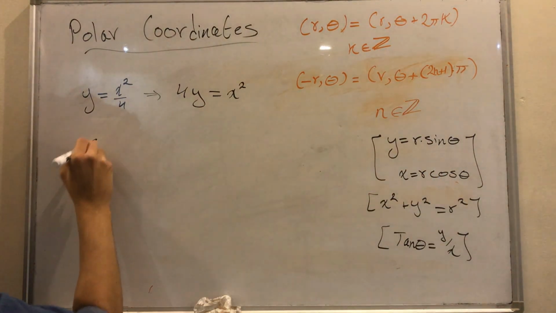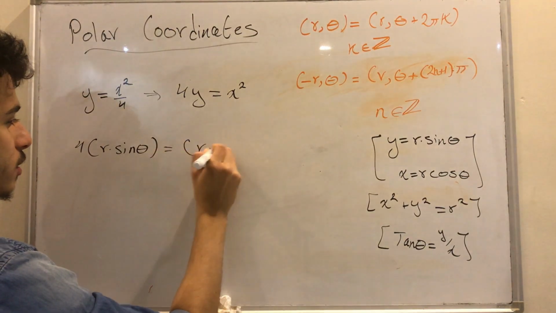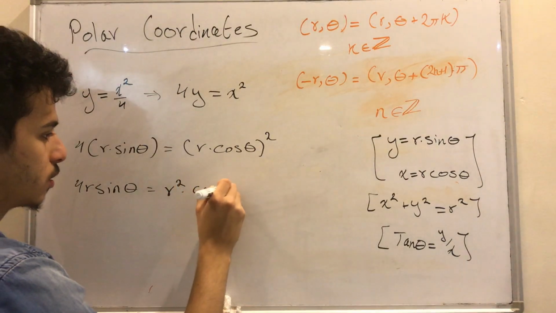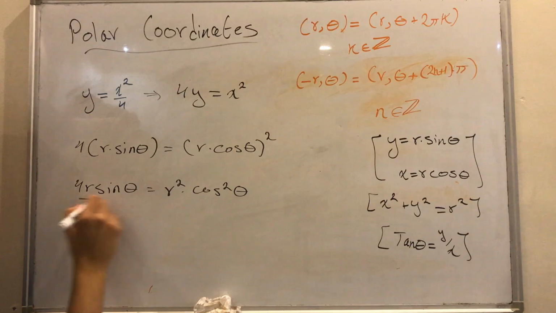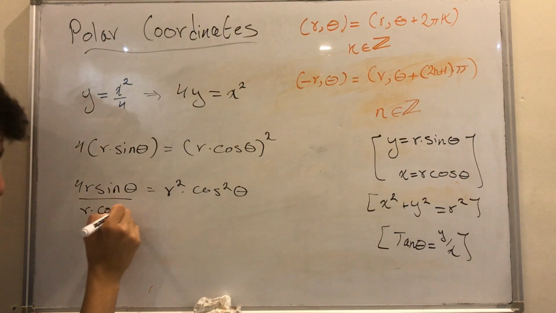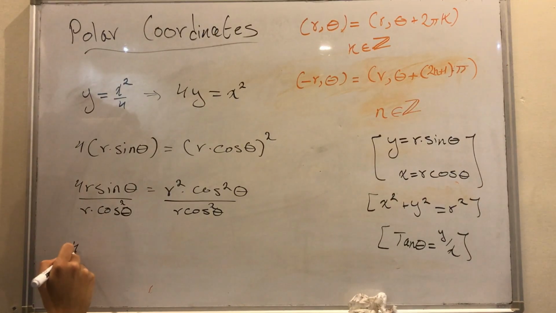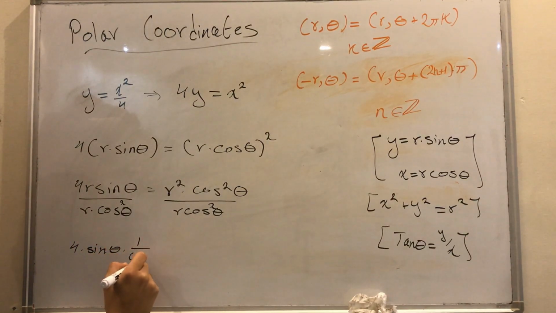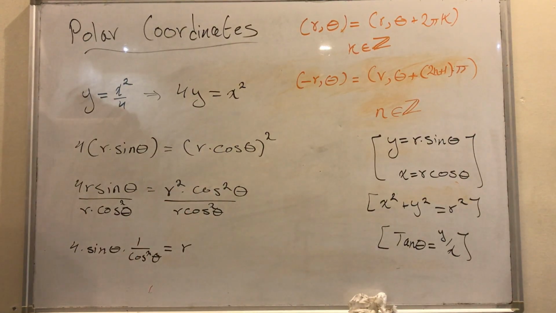So y is r times sine theta, and x is r cosine theta. You get 4 r sine theta is equal to r squared times cosine squared theta. We can divide by r times cosine squared on both sides. This will simplify things greatly, and we'll get some nice cancellation. We'll have 4 times sine times 1 over cosine squared is equal to, well, one of the r's cancels, and we're left with r.